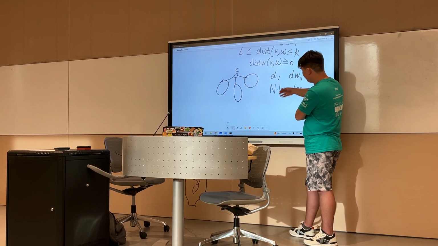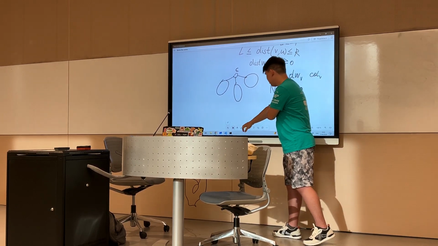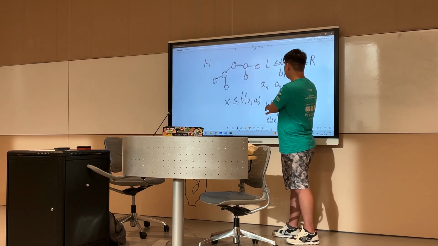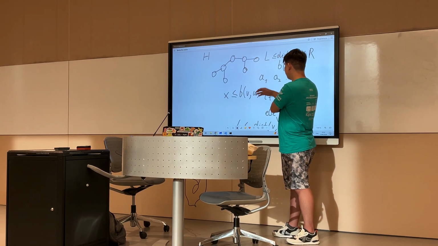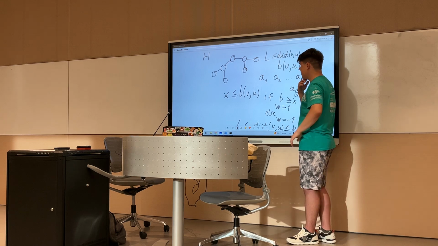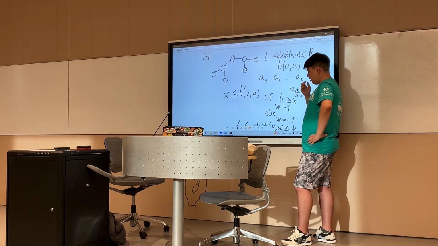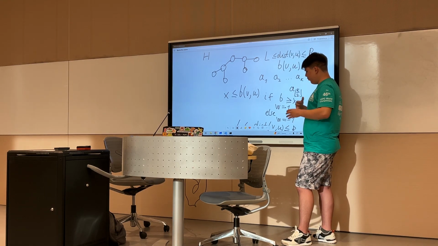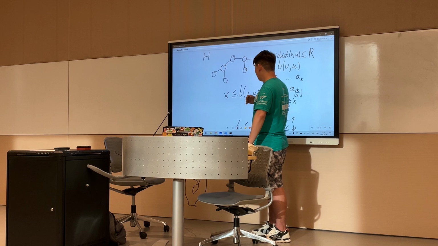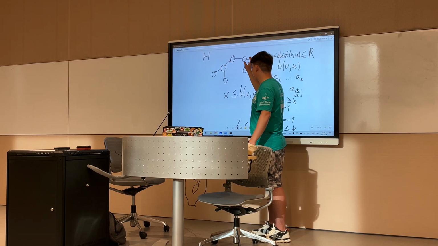tip for that problem. When you do binary search by value x, you don't need to do the binary search from 1 to 10 to the power 9. You can do it by the values of the edges of that tree.